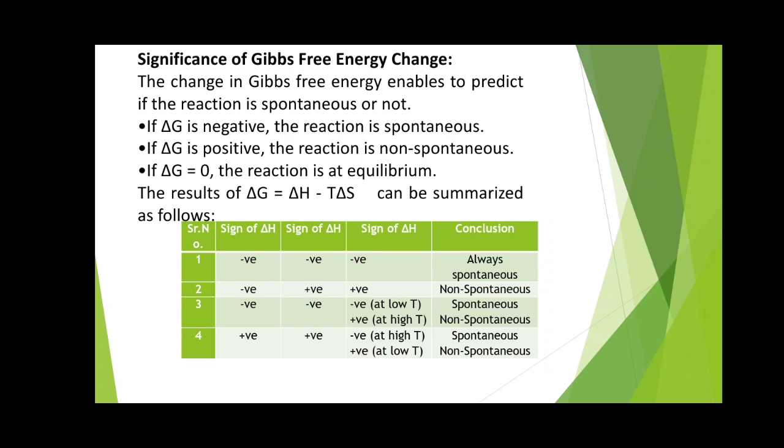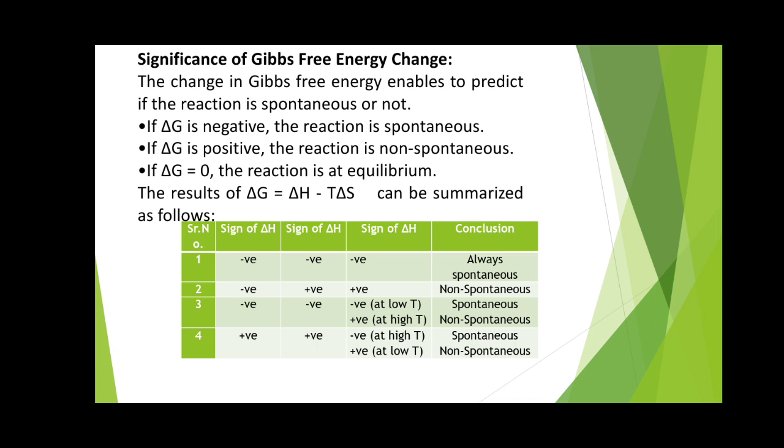Now we will see the significance of Gibbs free energy change, that is delta G. What is the use of Gibbs free energy? Gibbs free energy is very important to predict whether a reaction is spontaneous or not.